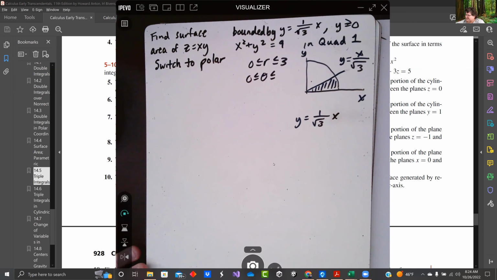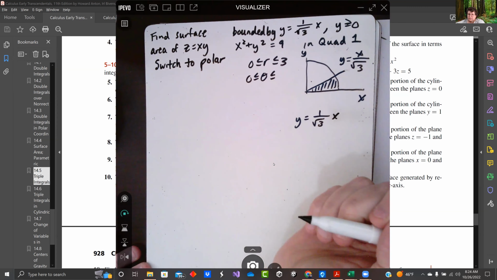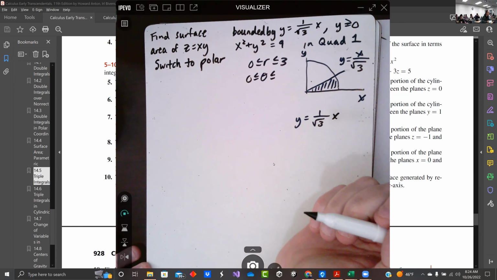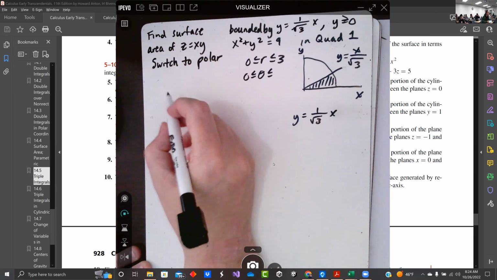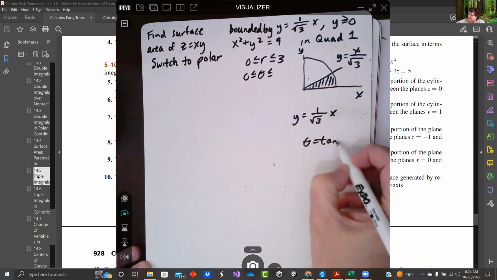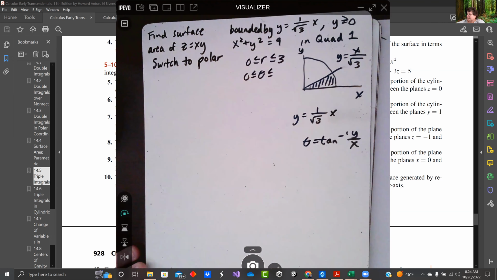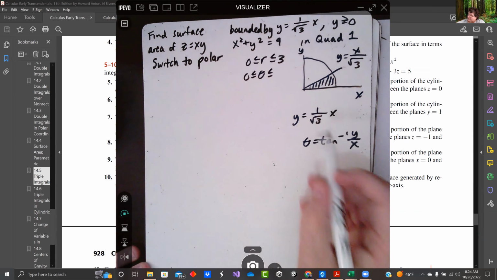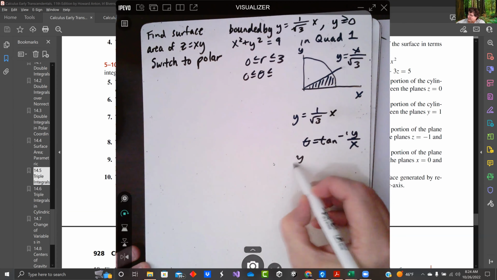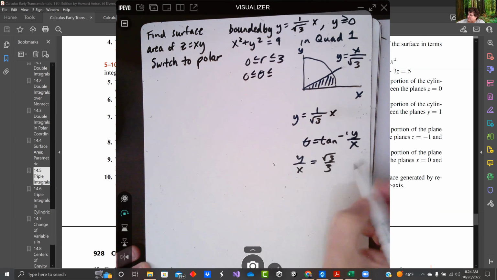How do we find, what's our equation for polar? Tangent theta is y over x, or theta equals tangent inverse of y over x. Well, we can get that relatively quickly. y over x is 1 over root 3, which is root 3 over 3.